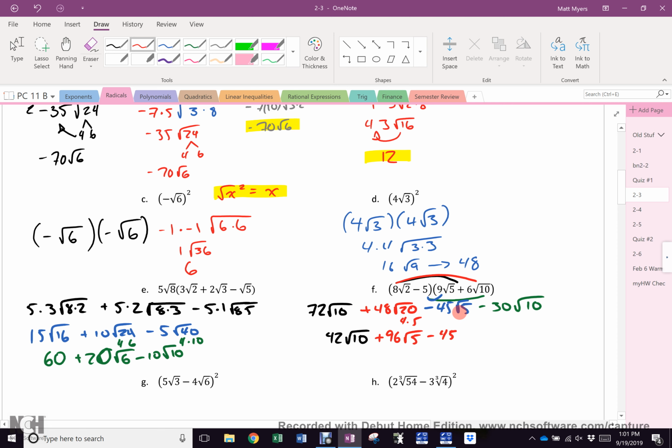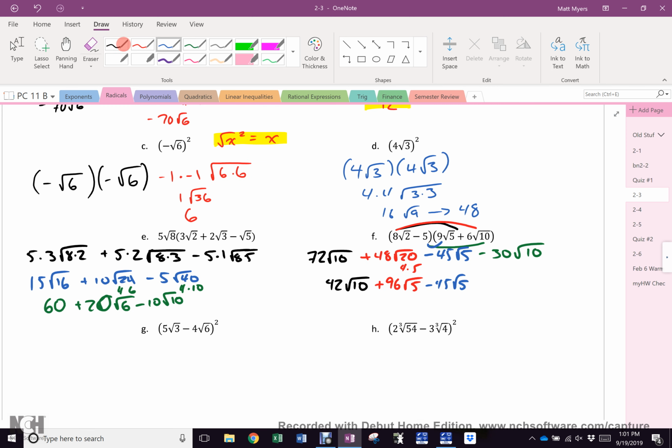That should be blue. Minus 45 root 5. Now where can I simplify? What's 96 minus 45? Tick, tick, tick on the calculator. How much? Plus 51 root 5. Please notice, again, for the billionth time, it's exactly the same as what you already know.